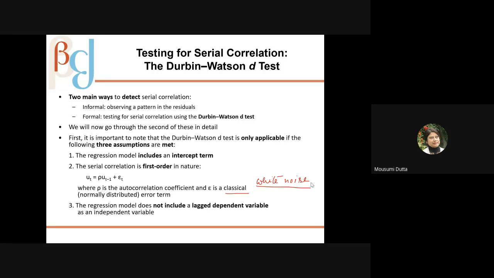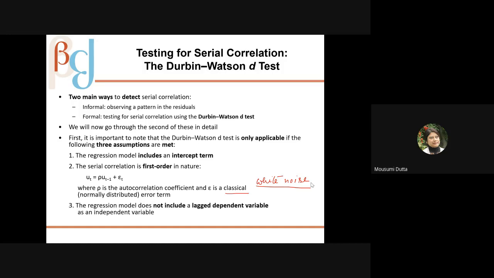There is no difference between the classical error and white noise. Classical errors are white noise. So this is the second assumption: first order serial correlation, the first order autoregressive process, is required.